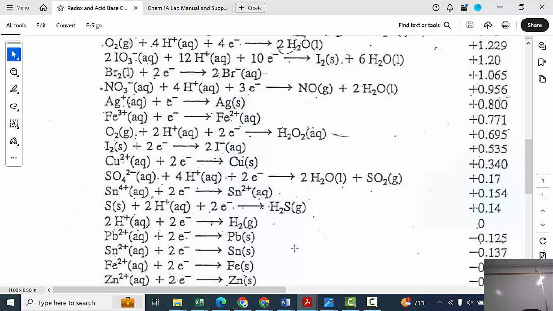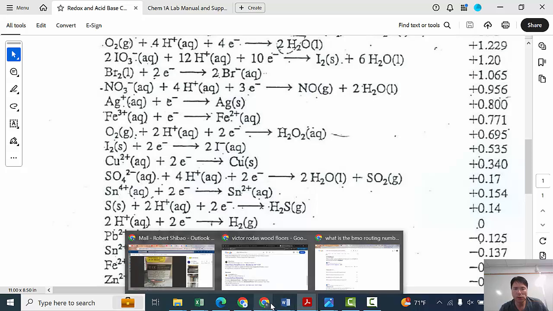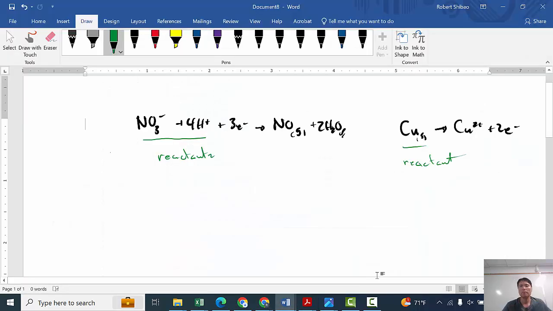I don't have any copper 2 plus in my inventory. So I'm going to flip this equation so that copper is the reactant and copper 2 plus and 2 electrons are the product. And so now this is correct.